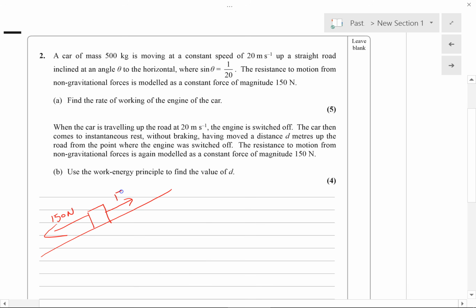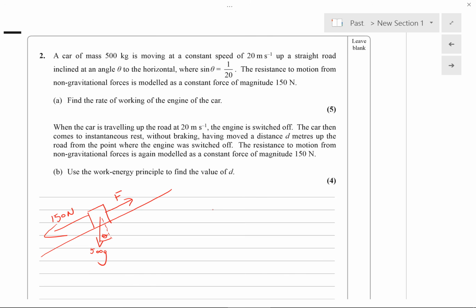There's obviously some driving force taking it up the hill, otherwise it wouldn't get up. And there's a weight of 500g for the car acting downwards, and we know sine theta is 1 over 20.